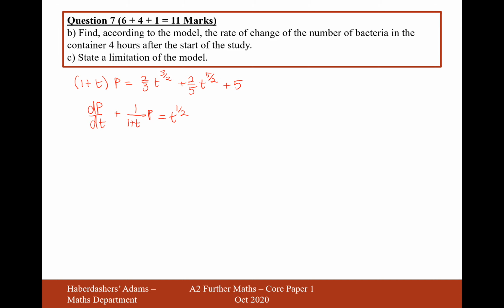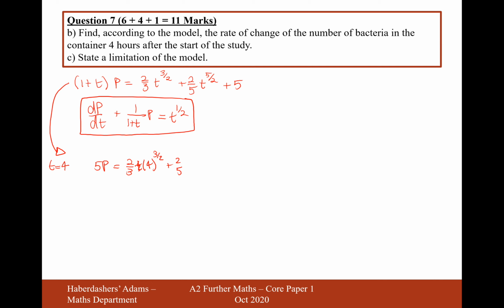Now if I want to work out the rate of change after 4 hours, I'll use this expression here, but in this expression I first need to work out what P is equal to. So I'm going to use this as the first formula that I'm going to plug t equals 4 into. 1 plus 4 is going to give me 5, so it's 5P equals 2/3 times 4 to the power of 3 over 2 plus 2/5 times 4 to the power of 5 over 2 plus 5.